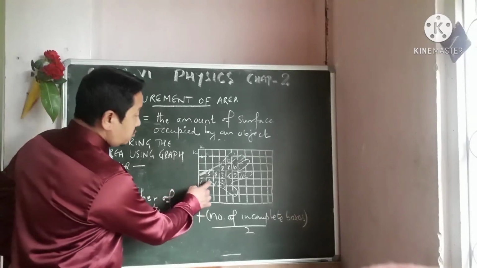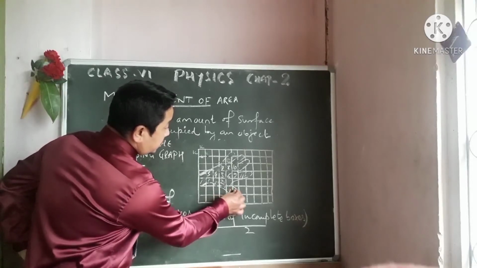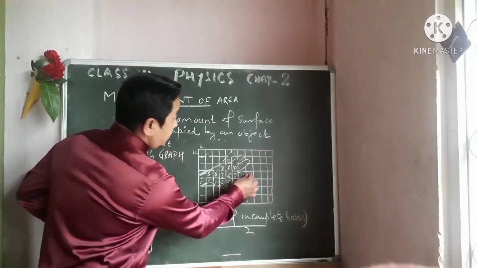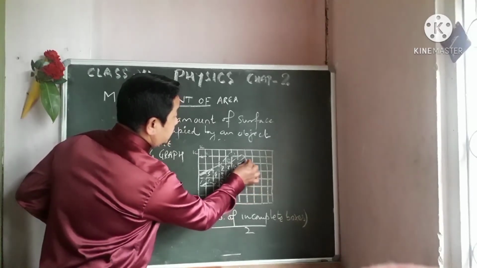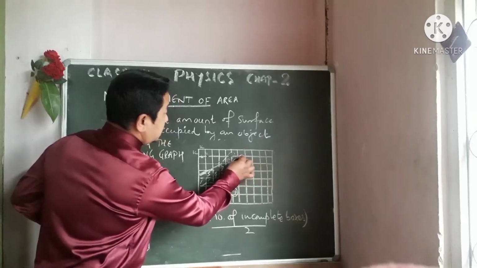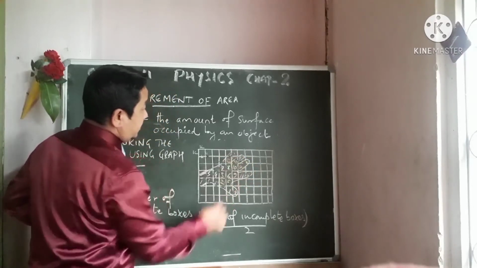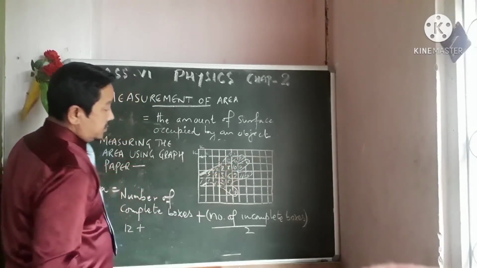Okay, so I've counted 1, 2, then 3, 4, 5, 6, 7, 8, 9, 10, 11, 12.